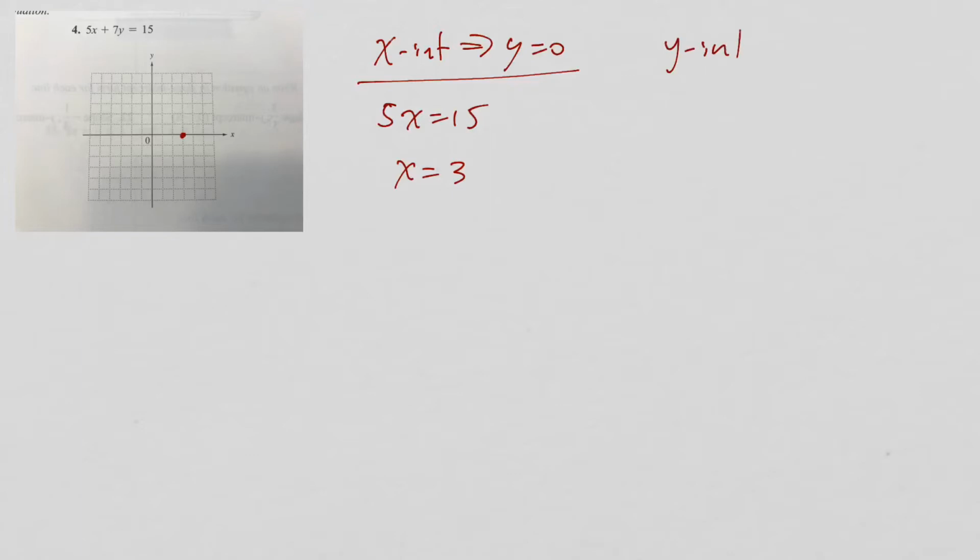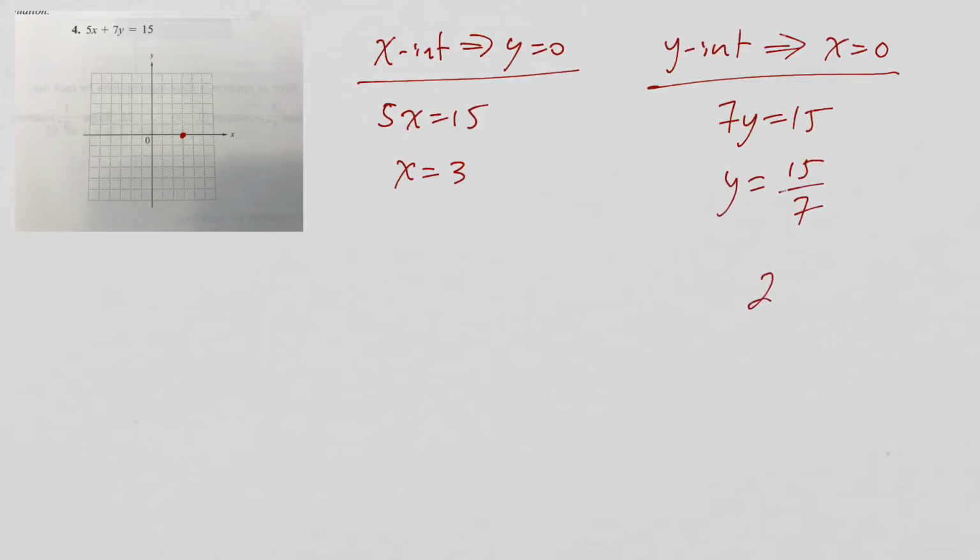All right, number 4, to find the x-intercept, we're going to set the y equal to 0. So we're going to have 5x equals 15, so x equals 3. And then to find the y-intercept, we're going to set the x equal to 0. So we'll have 7y equals 15, so y equals 15 over 7, or 2 1/7.